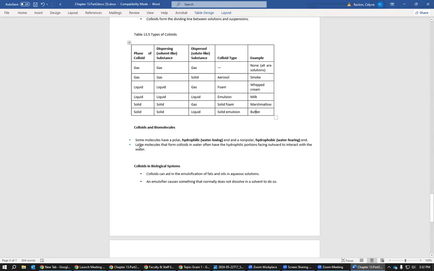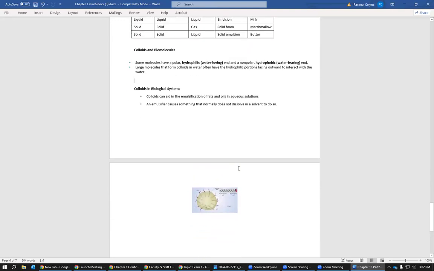Some molecules have a polar, hydrophilic, water-loving end and a non-polar, hydrophobic, water-fearing end. Larger molecules that form colloids in water often have the hydrophilic portions facing outward to interact with the water, because water is polar and hydrophilic means water loving.